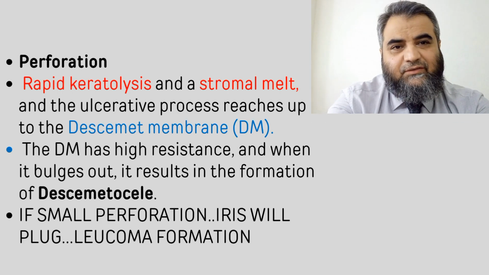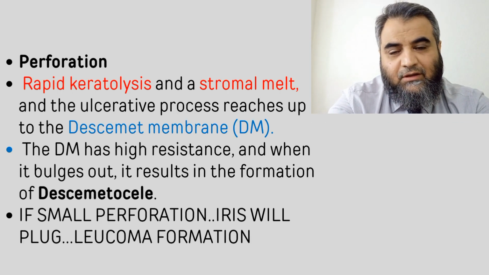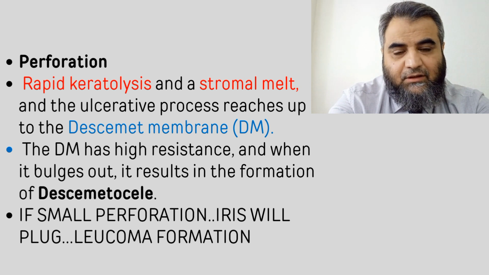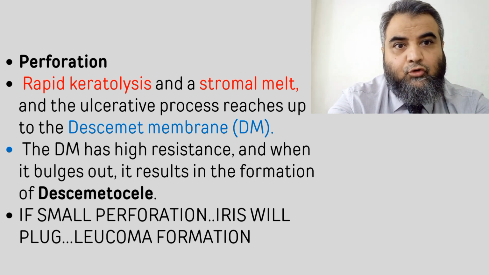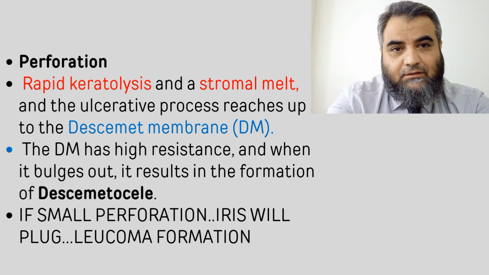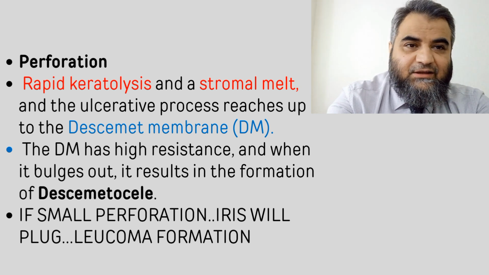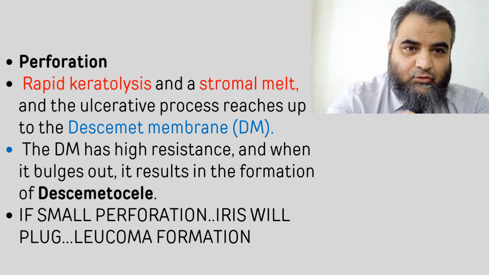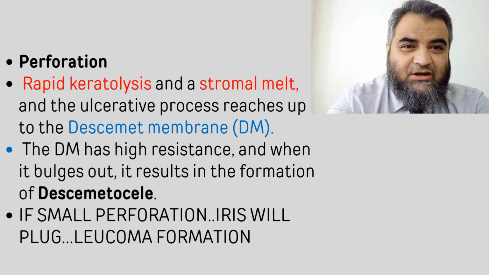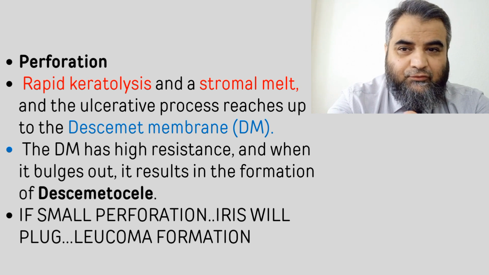These were the things I was discussing when everything is going in a good direction. But sometimes the infection is so severe, or the patient comes to you so late, that it is a really very severe condition. There is a rapid keratolysis process going on. There is death of the keratocytes occurring, and the stroma starts melting in spite of your full treatment.